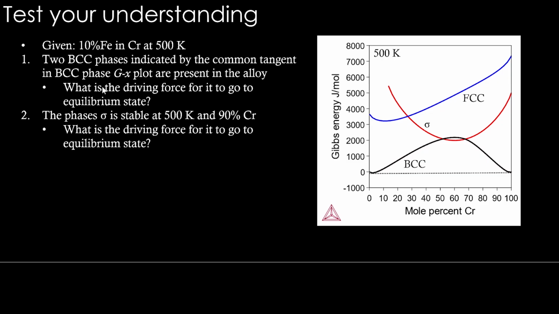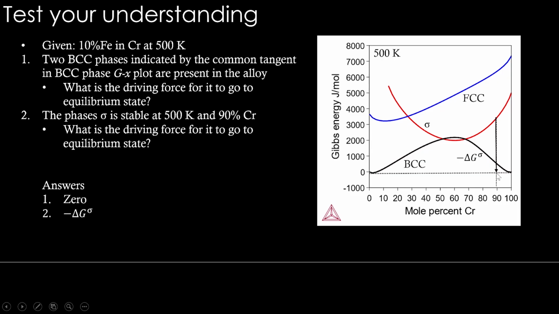Now the second question is something that you can calculate, where we have sigma phase as the present phase. If you put at this composition a line like this, and this is the sigma phase composition, is this sigma phase stable? Obviously no. There is a driving force for it to change to this state.